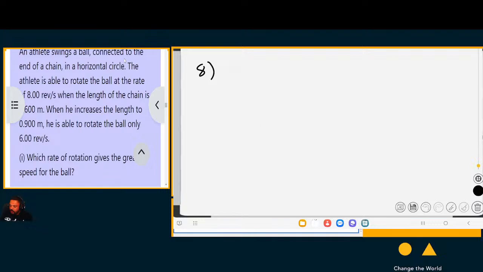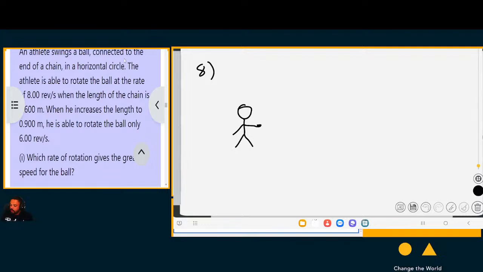So let's see, this is the athlete at the center. Look, I can only draw stick figures. The best I can do. So here we have a stick figure.